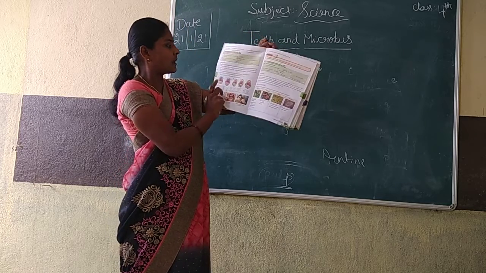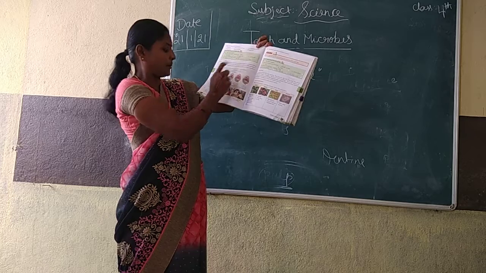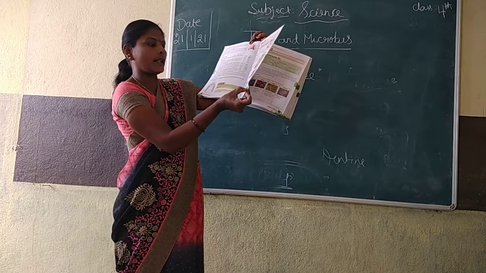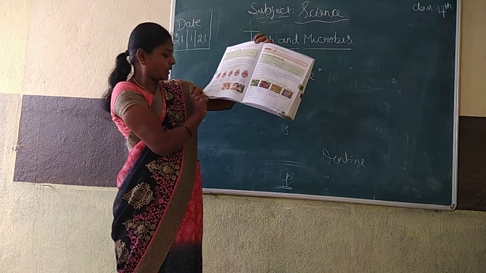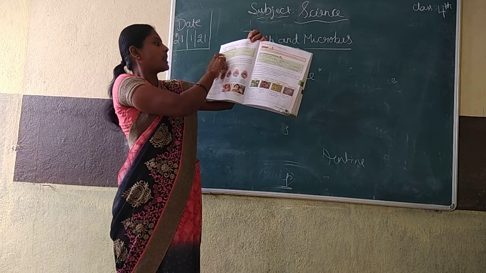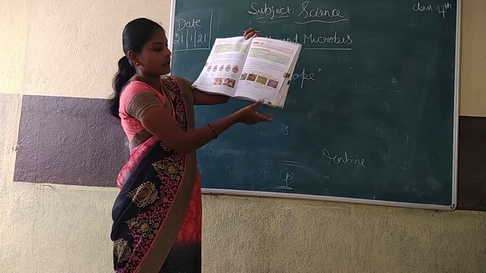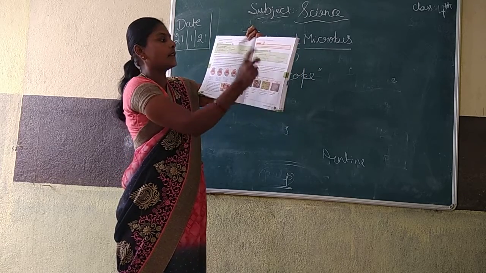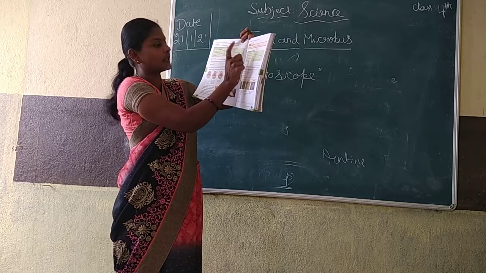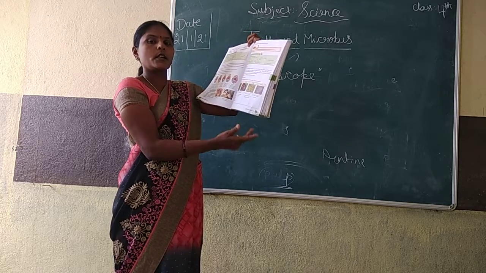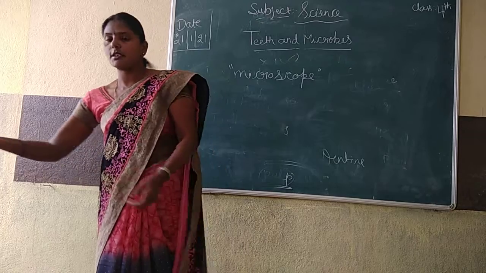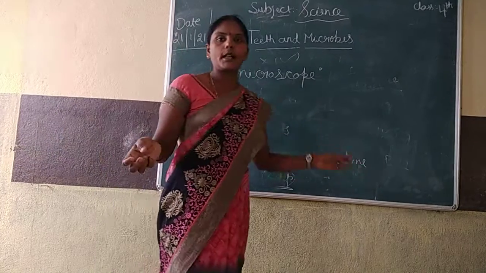This one and this one. Page number 167. This one, 168. Multiple choice questions. 169. This one, multiple choice questions. Understood? Thank you, children. In the next class we are going to continue.